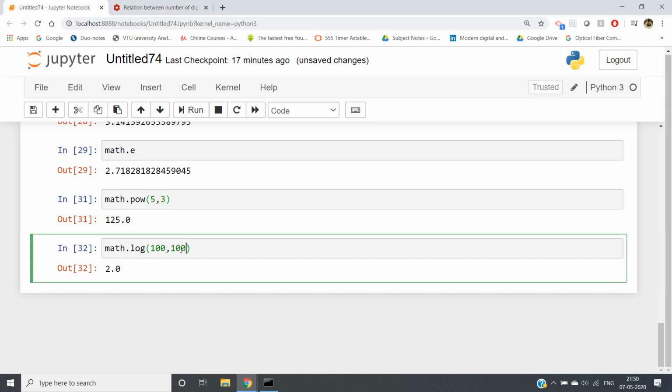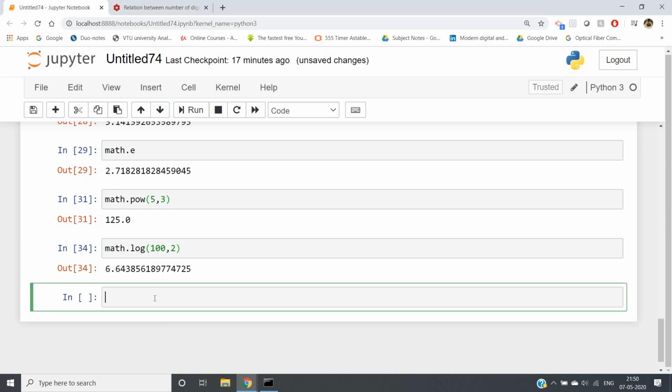Suppose log 100 base 100, obviously the answer is 1, right? Then you can play with log 100 base 2. You will be getting 6.64, like that. Or you can get the same result another way. How? See, math.log(100, 10) by math.log(2, 10).